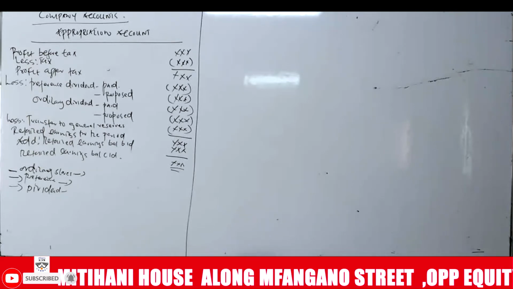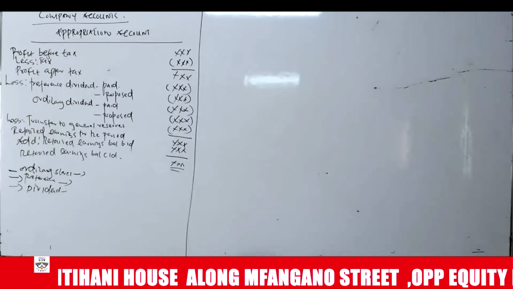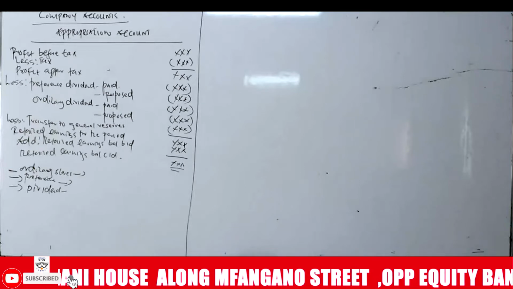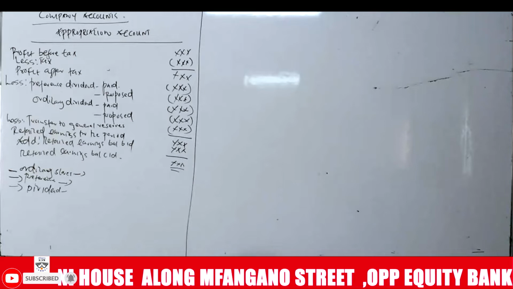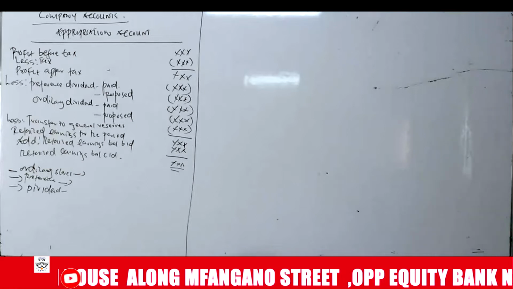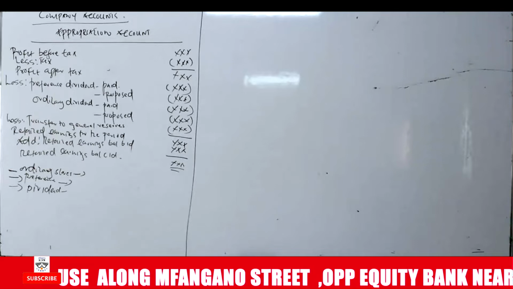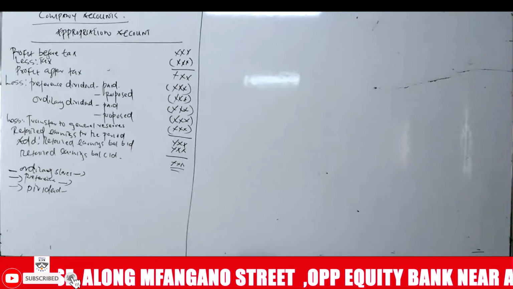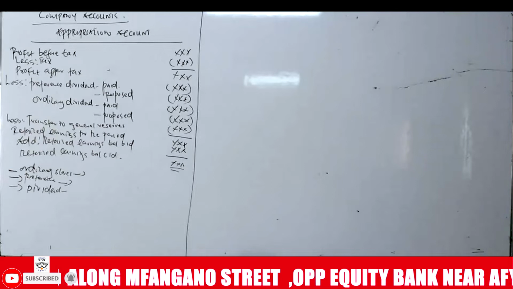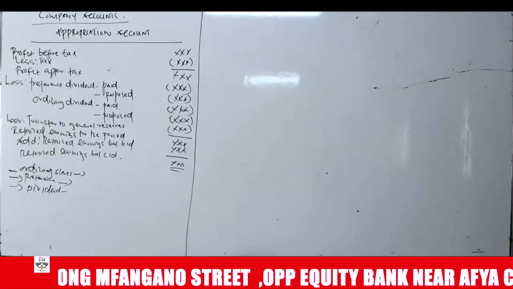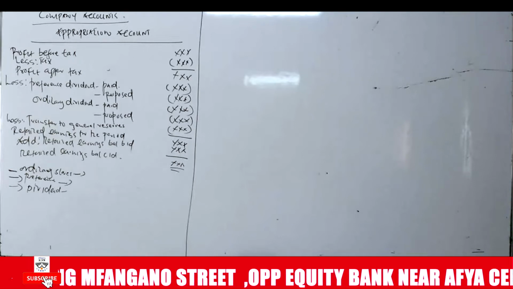Number 5, depreciation is to be provided on motor vehicles at the rate of 20% per annum on cost. Number 6, as at 30 September 2017, outstanding motor vehicle expenses amounted to 125,000, while prepaid insurance amounted to 150,000 shillings. Number 7, an invoice issued amounting to 950,000 had completely been omitted from the records as of 30 September 2017.